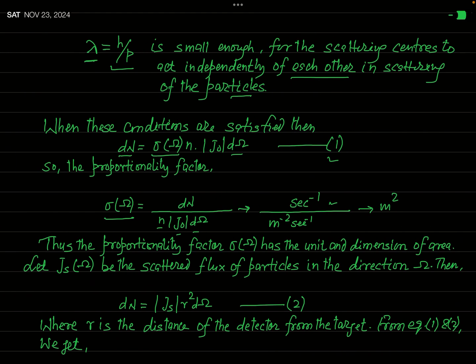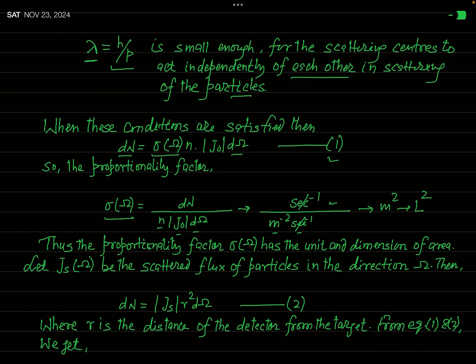So the unit of J naught is meter inverse square, second inverse. And d omega is the solid angle. This is dimensionless. So second inverse and second inverse will cancel, and its unit or dimension will be meter square, or you can say L square. But you know that L square or meter square is the dimension of area.